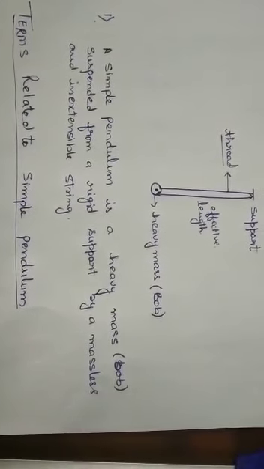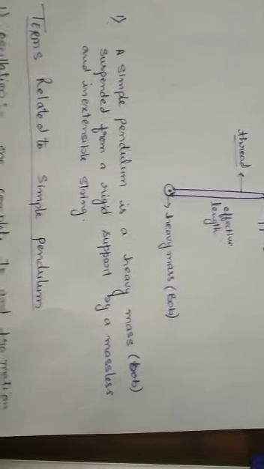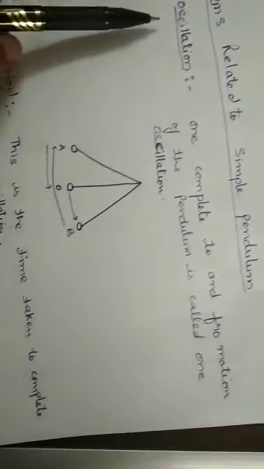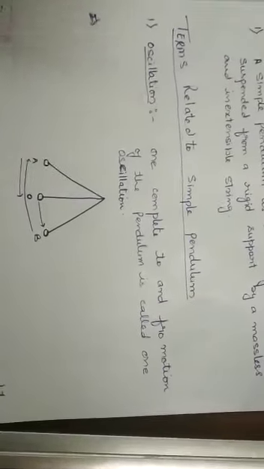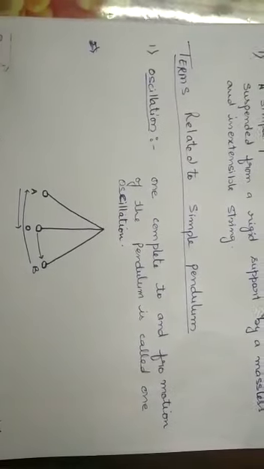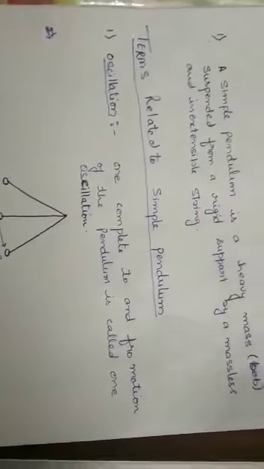Now some of the terms which are related to a simple pendulum. First term, oscillation. What is oscillation? When we have the bob tied with a thread, the position which is fixed from the center is its mean position, when it is not oscillating, when it is in stable form.